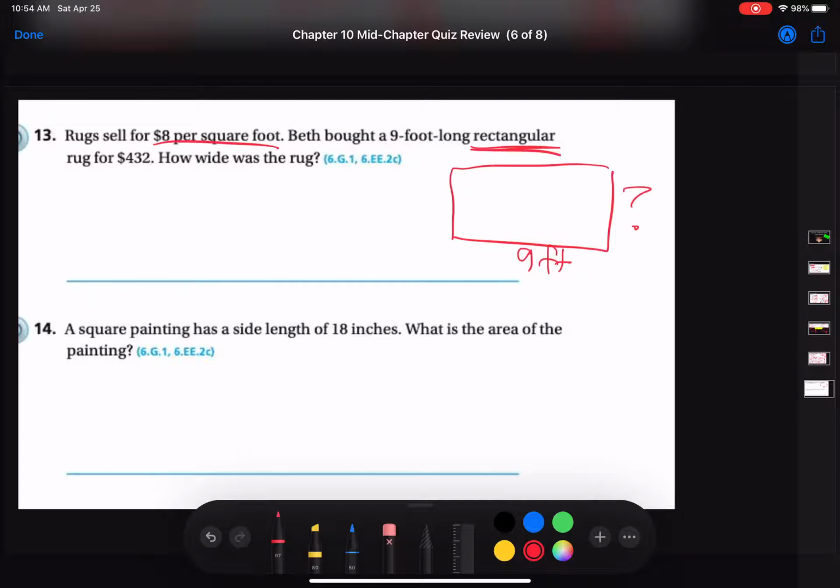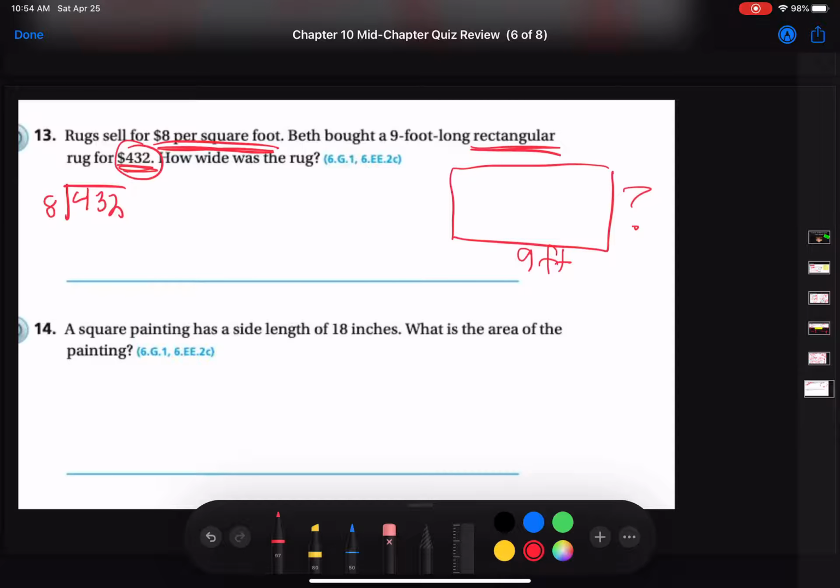So the first thing we want to do is come back to the $432 and the 8 square feet. So they paid $8 per square foot. So how many square feet did they have then? Because they spent a total of 432. So what you want to do is take your 432 and divide it by 8.